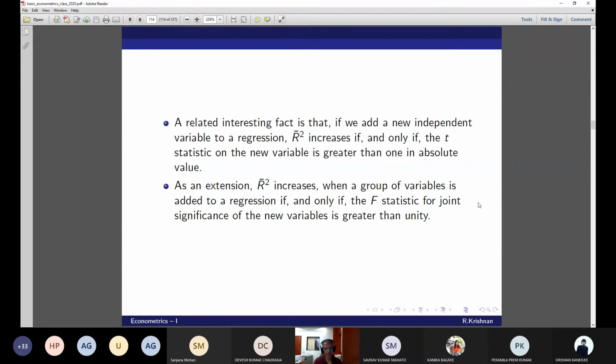An extension: R bar square increases when a group of variables is added to a regression if and only if the F statistic for the joint significance of the new variables is greater than unity. So this is a metric that you can always use to see whether the addition of a new variable or a new set of variables has contributed to the goodness of fit. This is a handy tool to have.